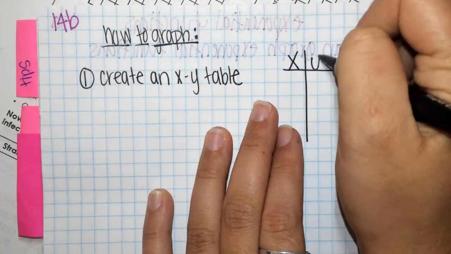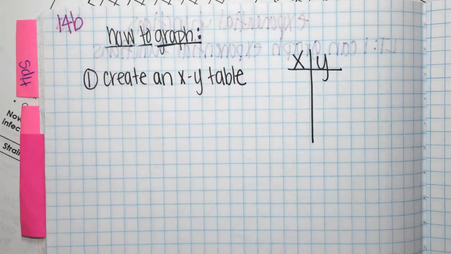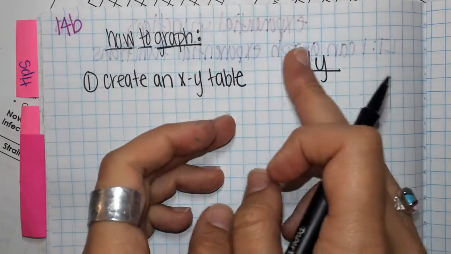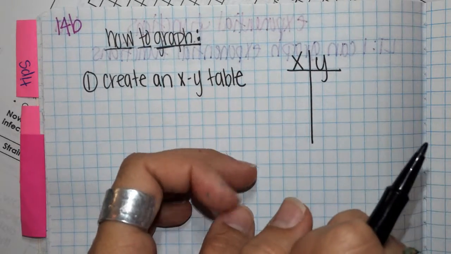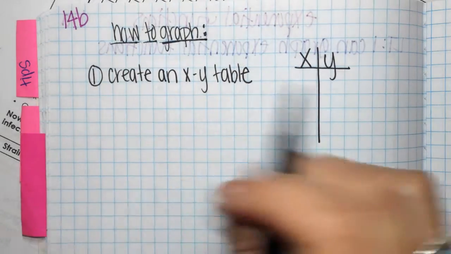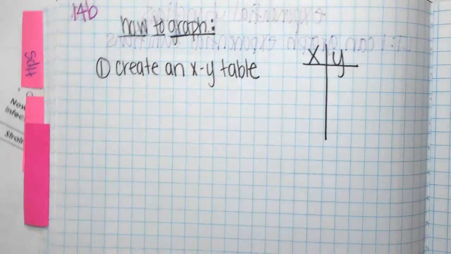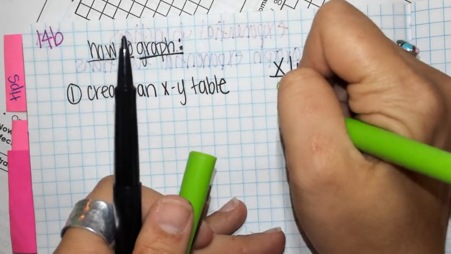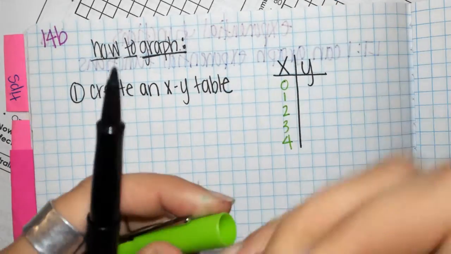It was a t-table. And what values did we pick to start with? Do we choose our x values first or our y? X. Always choose x first. Good. Take a point. So we would pick 0, 1, 2, 3, 4.